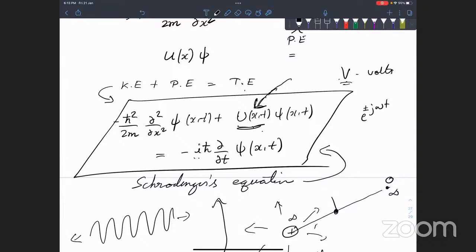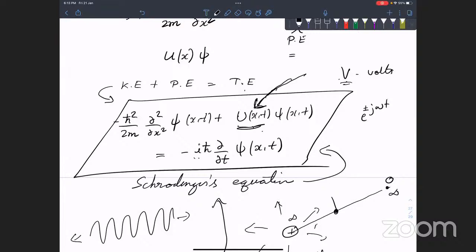But in the initial days, people put everything else in the universe, be it another light wave or some other collection of atoms and electrons that creates a potential. They clubbed it all into just a potential function, and they went ahead and solved this equation. And what is the test?